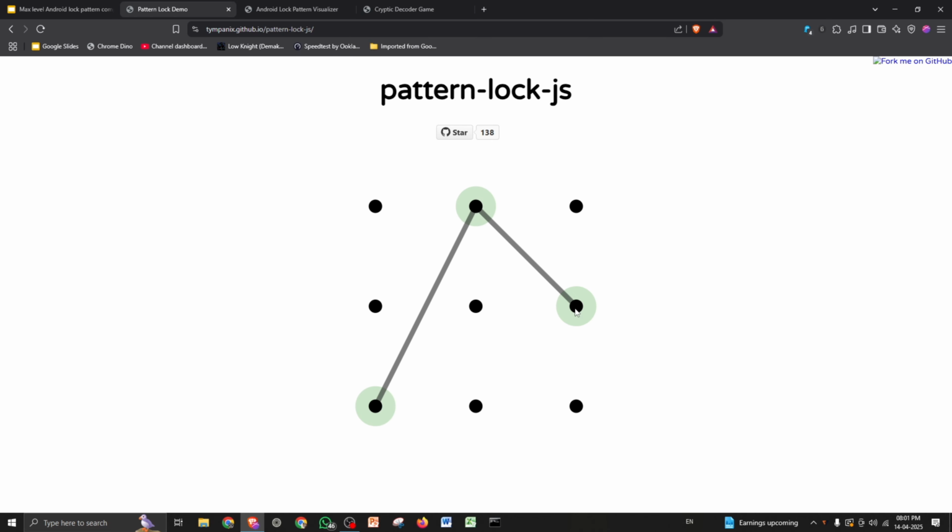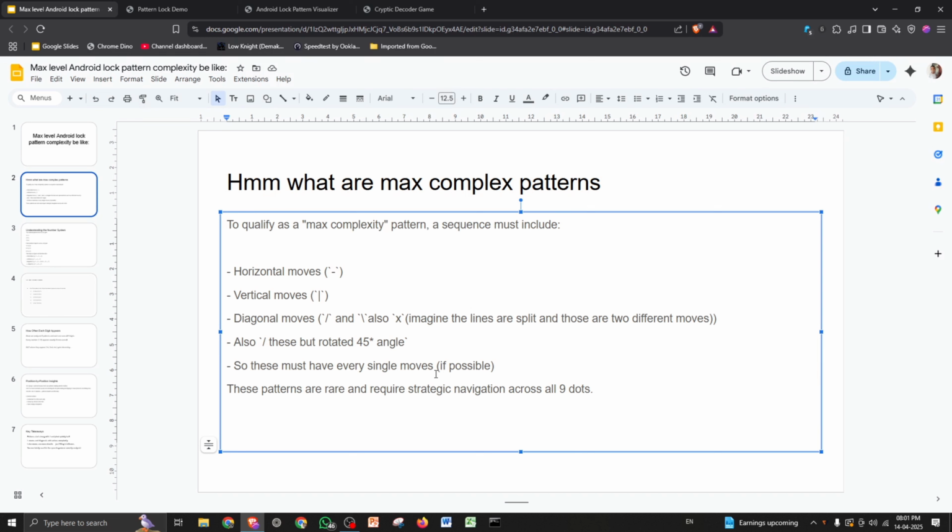See, these rotated right here. And every move, a pattern must contain every move if it is a max complex pattern. So it strategically uses all 9 dots.